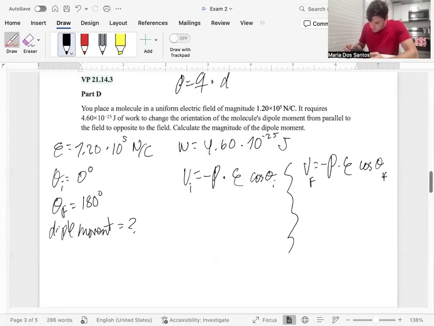Initial potential energy, we can now find. We're going to use the first angle that we got, that is 0 degrees.